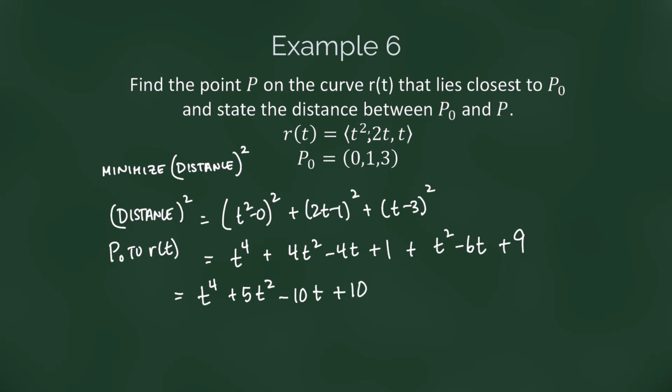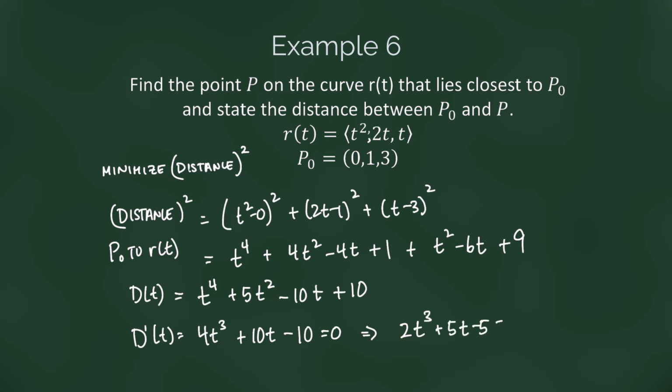And now we think back to calculus and we take a derivative of this. So this is d of t, so d prime of t is going to be 4t cubed plus 10t minus 10. And we set that equal to 0, and we can simplify that to be 2t cubed plus 5t minus 5 is equal to 0.